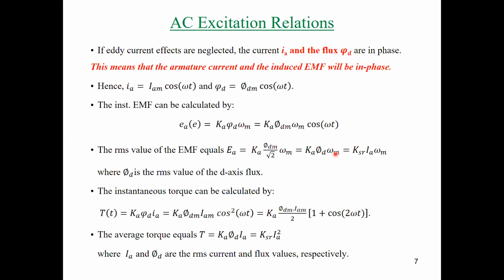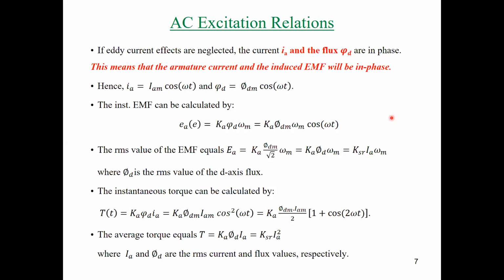And simply we can replace Ka phi d by K series Ia, which is the normal relation for series motor, where K series is the series constant for the machine, and Ia is the RMS value of the armature current.